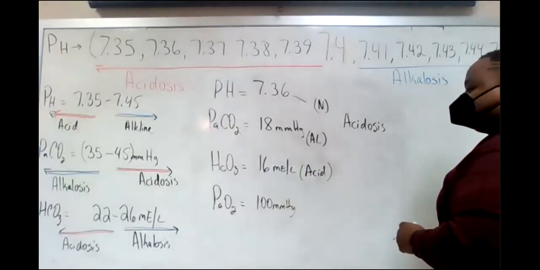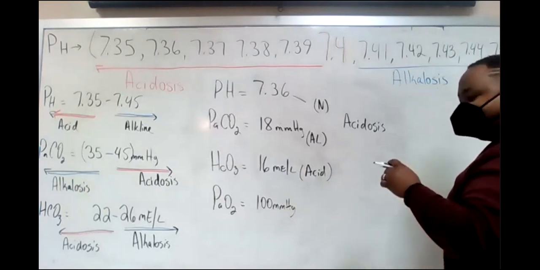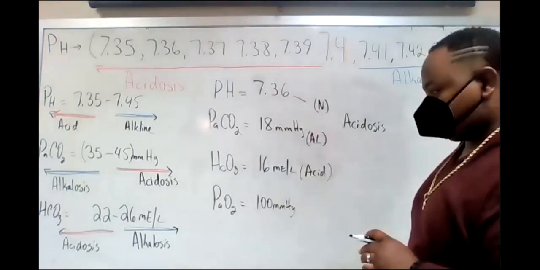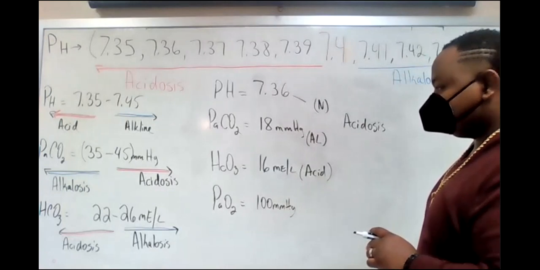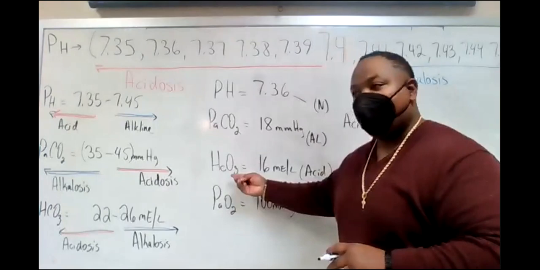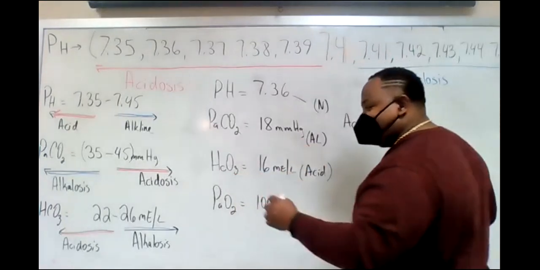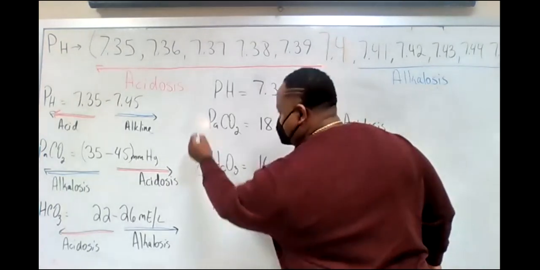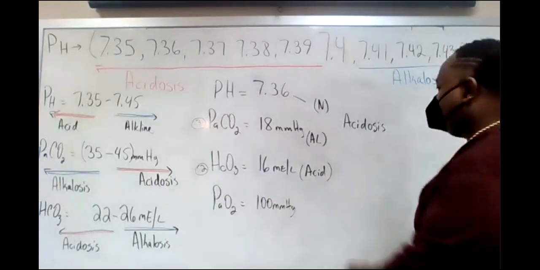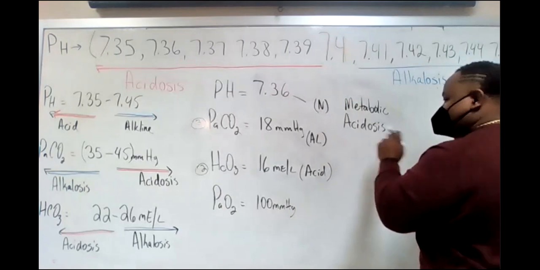Bicarb. You've got to say the word bicarb. Bicarb is causing the problem. He's causing the acidosis. So in this case, he's player number 2, and CO2 would be number 3. All right, so we are in a metabolic acidosis.